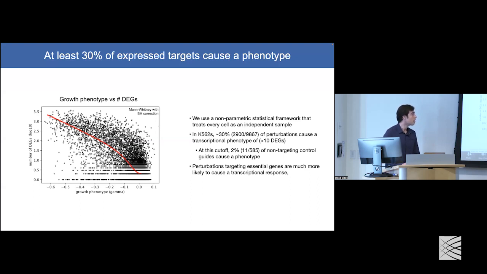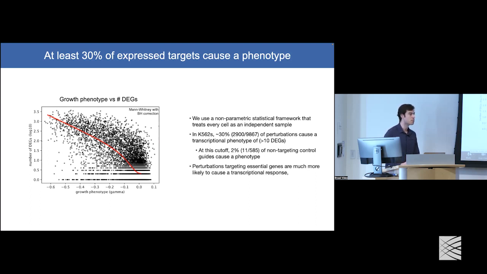And so with a very simple Mann-Whitney test for differential expression, we found that about 30% of the perturbations that we did targeting these 10,000 expressed genes caused a detectable transcriptional phenotype of more than 10 differentially expressed genes.